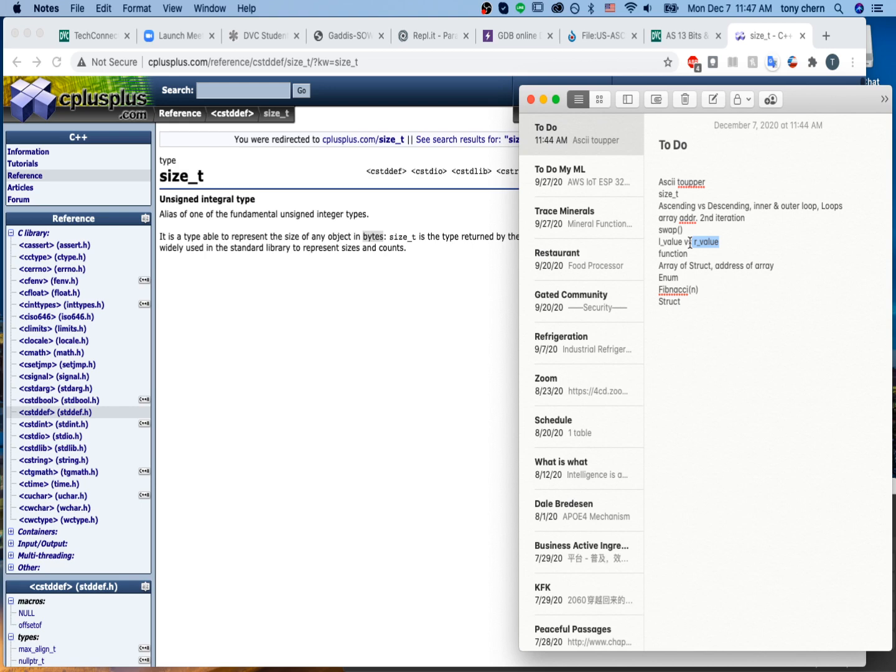That's on the left side. That's L value, and so you have to be careful whether the expression is talking about L value or R value. Okay, so something that you need to know.